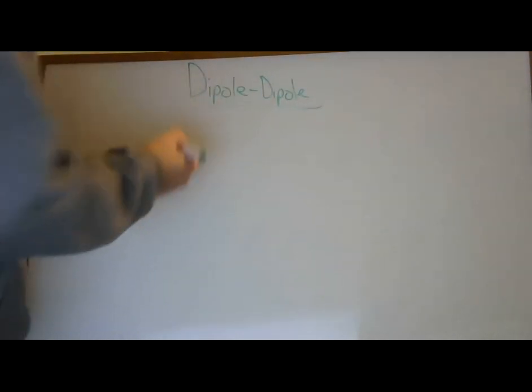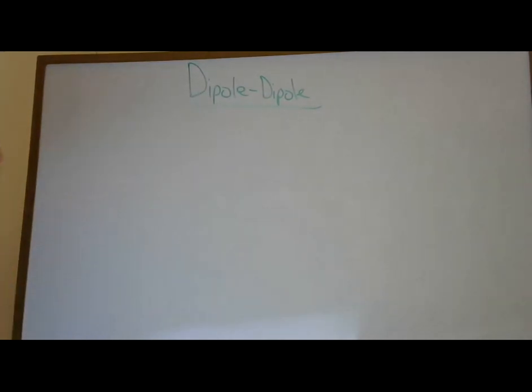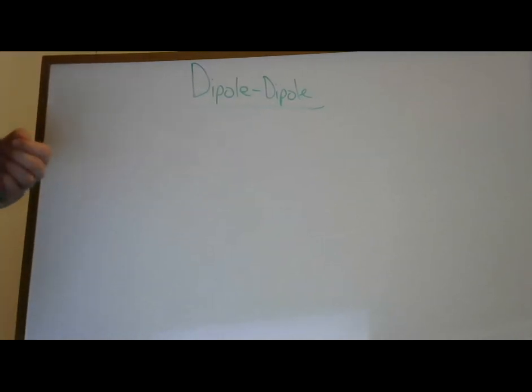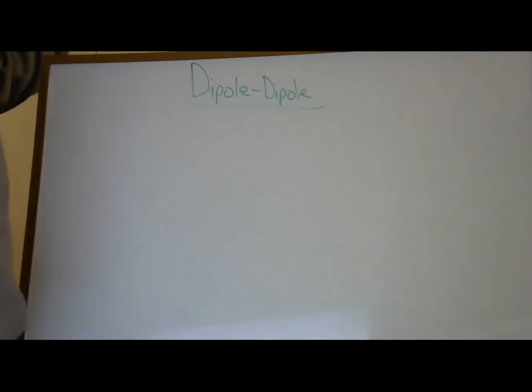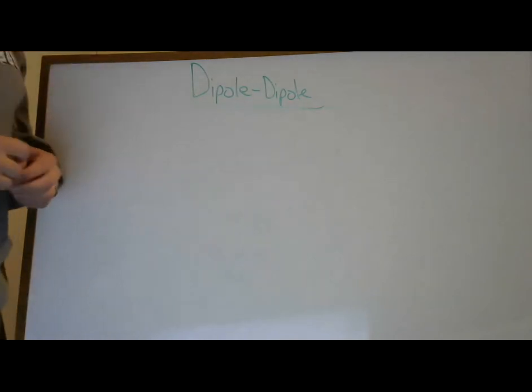We then have dipole-dipole forces. I mean, not the most creative name in the world. So, we have covalent bonds, right? Learned about them, we know all about them. If the atoms in a covalent bond are a significant distance apart from left to right, then they have a significant electronegativity difference.